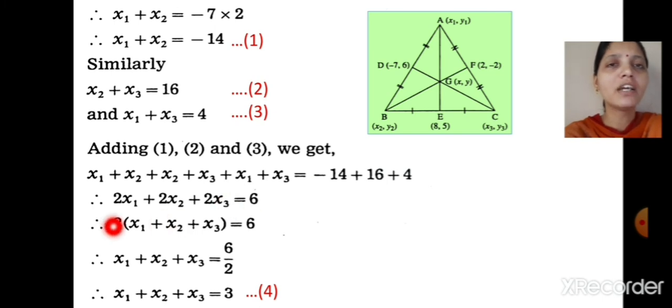You have to take out 2 as a common factor. So you will get 2 into (x1 plus x2 plus x3) is equal to 6. Therefore x1 plus x2 plus x3 is 6 upon 2, that is equal to 3. So write this equation as equation 4.